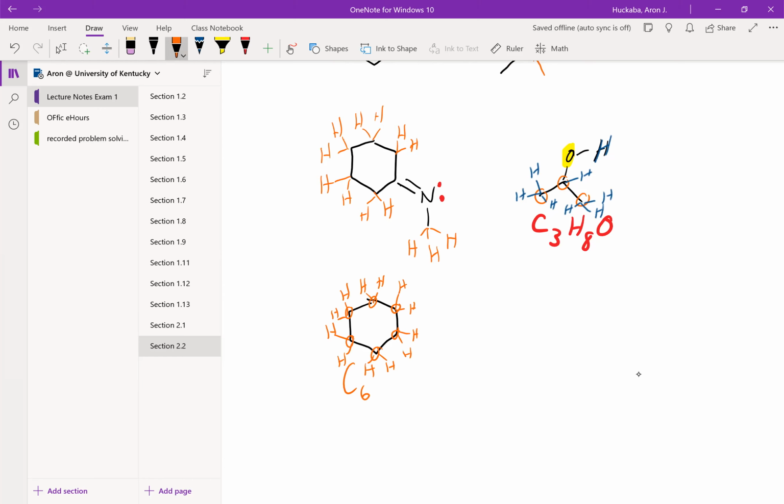Or is that right? 2, 4, 6, 8, 10, 12. It's right. So you can see that it'll take some practice, but you'll get used to understanding what information is intrinsic and what information is extrinsic in these bond line structures.